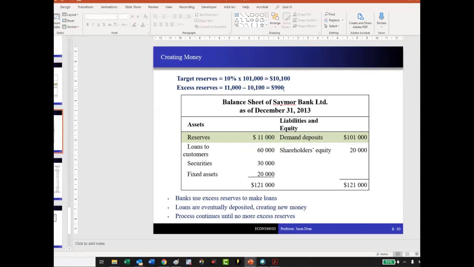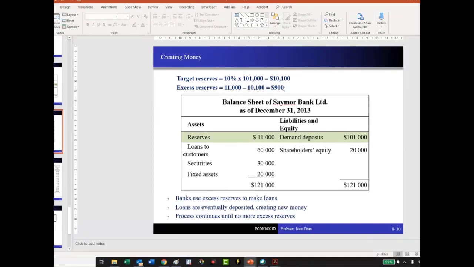So in that case, they would make another loan, right? And what are they going to do when they make the loan to the other customers? They're going to credit their checking account or demand deposit. So now demand deposits would be 101,000 plus 900. So we would be at 101,900. If we multiply that by the reserve ratio, we get 1019. And so we're still over reserve.